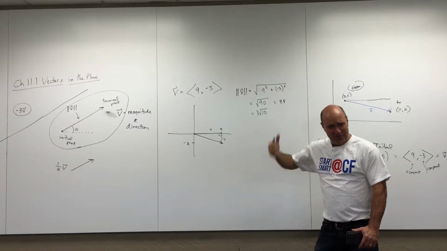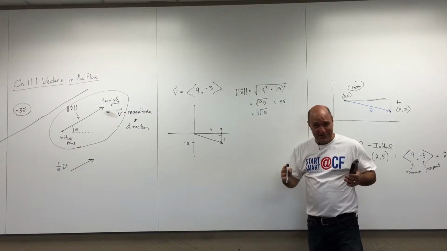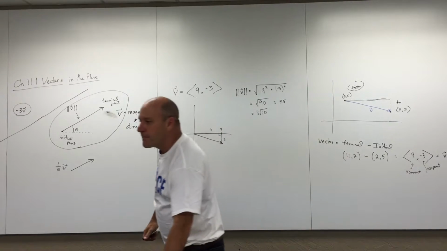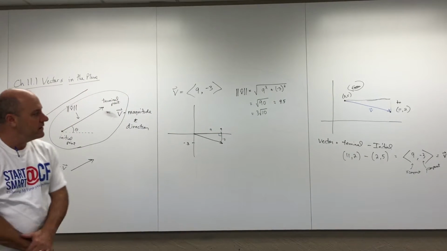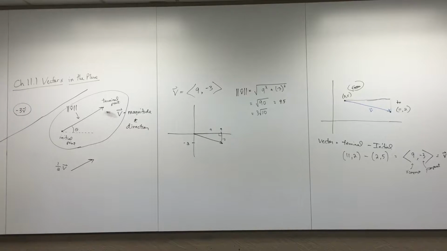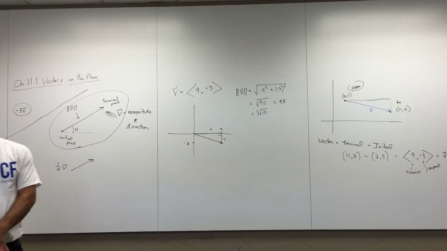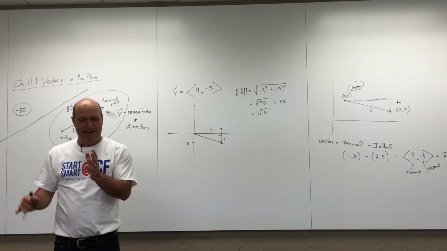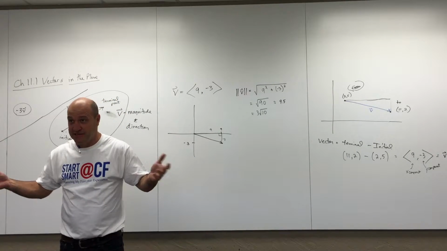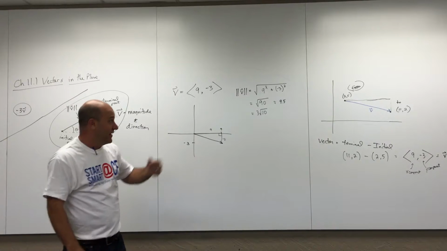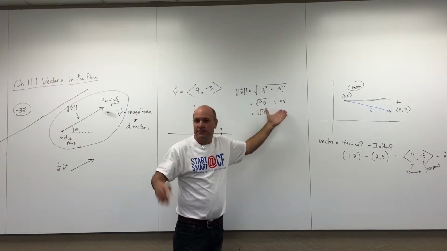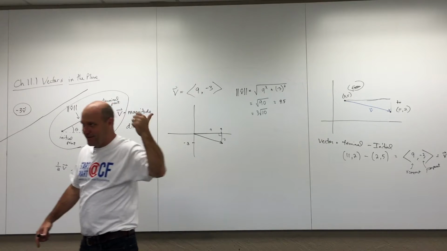In physics class, you would worry about significant digits. In math class, I never worry about significant digits. I would really like to be as accurate as possible. So I leave it exact, but if I have to round it off, I would do 2 or 3 decimals, which seems appropriate.